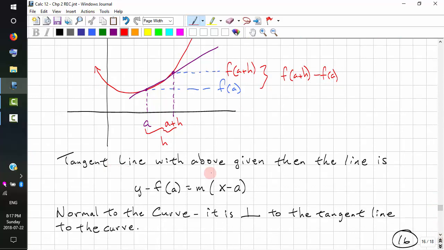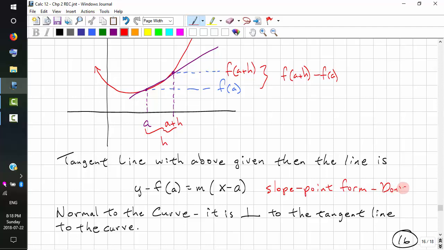The tangent line for the above situation will be y minus f of A equals m times x minus a. Okay, this is known as slope point form. It's a perfectly valid form.